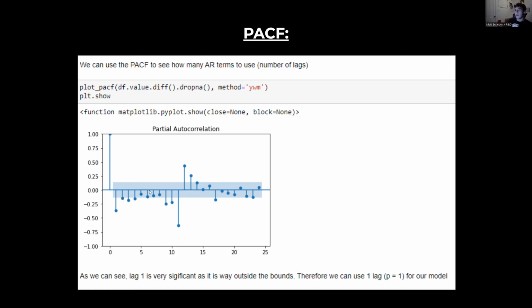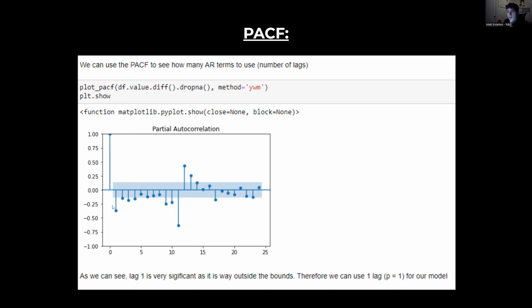We can see right here the first lag is very, very high. On the x-axis is the number of lags, and on the y-axis is the level of significance. The first lag is really high up and very far outside of the bound, so it's very significant.